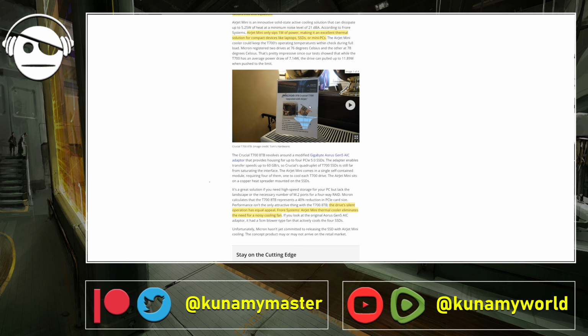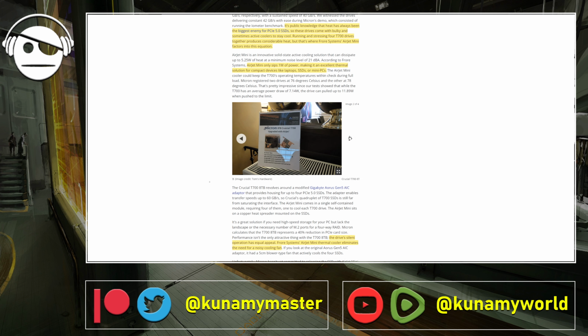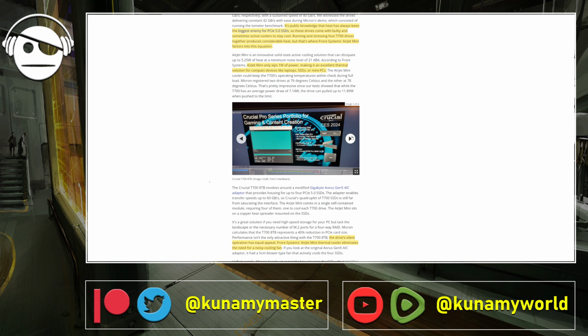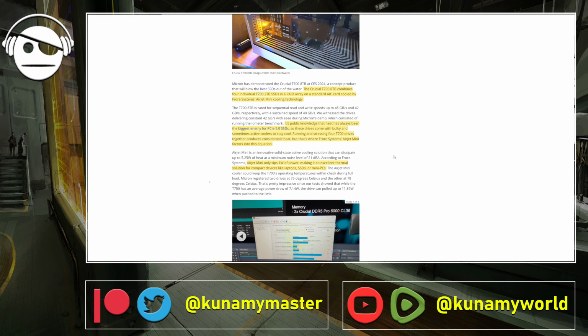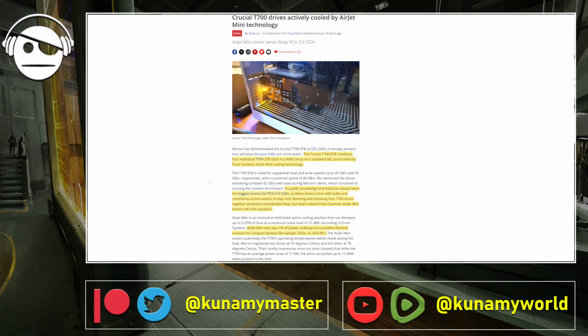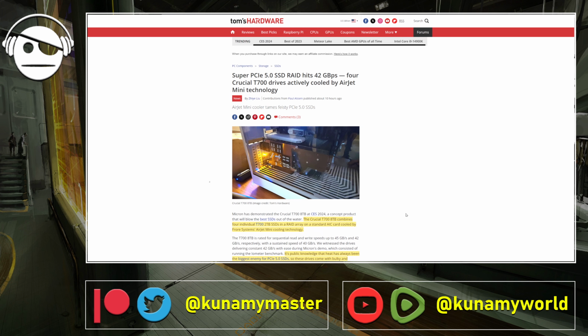These guys from AirJet want to upscale the thing for cooling CPUs and GPUs or chips. All sorts of chips, which is pretty interesting. Also the fact that it doesn't have fans, the volume levels are maintained at around 20 decibels, minimum noise 21 decibels, which is excellent.